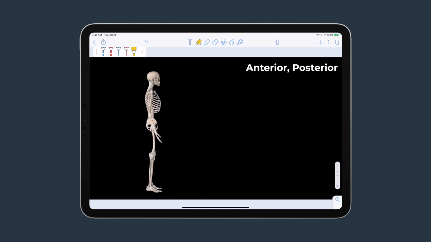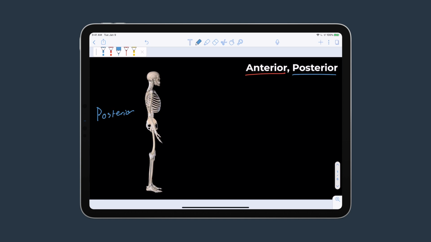So, anterior and posterior are words that we use to describe the front and back of the body. So, the posterior portion is towards the spine, it's the back half of the body.